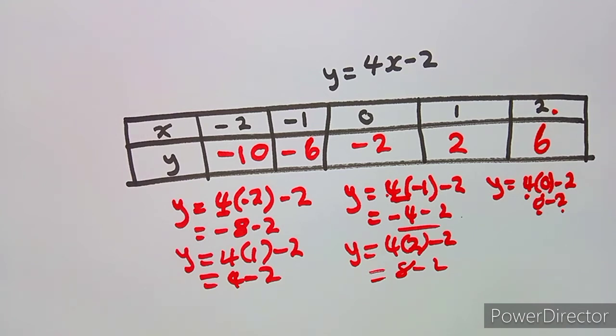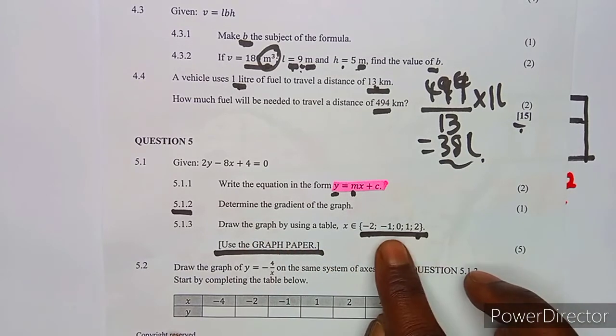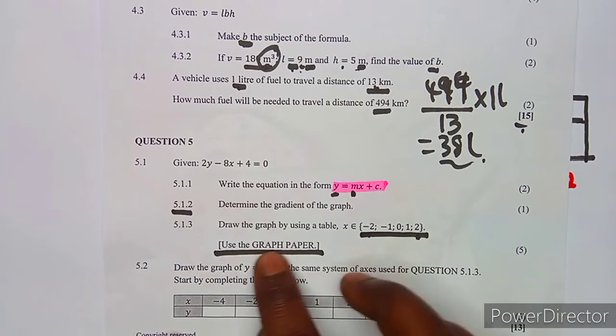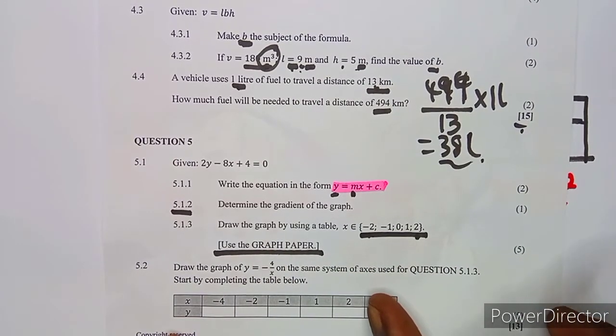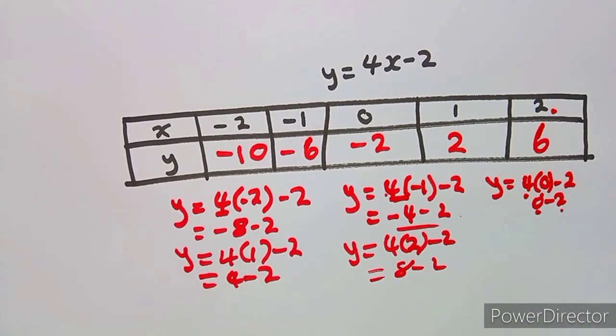All right, so that was the question here, to draw the graph, but we need to draw using this. So use graph paper. So now we've got the table, so we need the graph now. All right, so this is how it is going to look like. I just want you to see, because now the table, remember, using the graph paper is all about the idea there lies on the values.